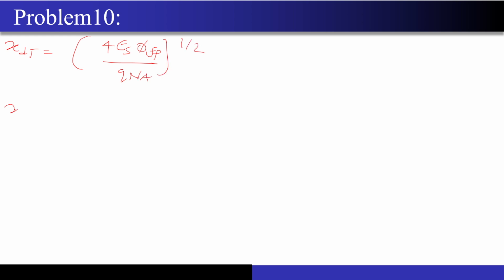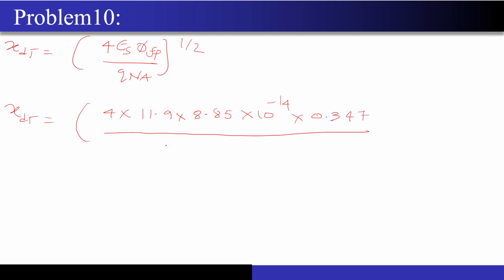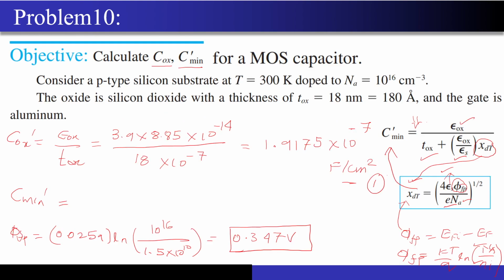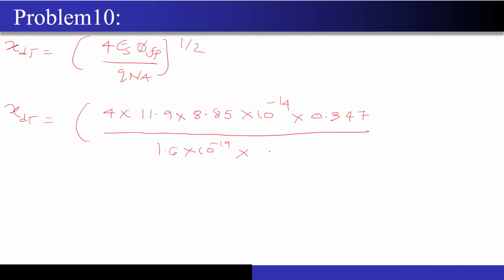So now let's substitute everything. 4 into epsilon s, which is 11.9 into the dielectric constant of free space, 8.85 into 10 to the power minus 14. The phi fp value I have just calculated is 0.347, divided by q, which is 1.6 into 10 to the power minus 19, and Na, which was given in the question as 10 to the power 16.